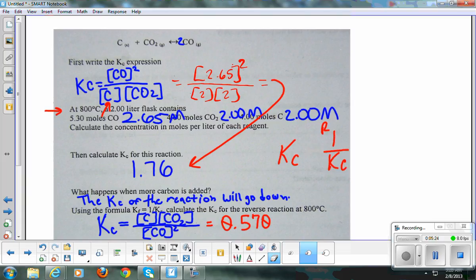It's not equal. So whatever you do, if you're going forward and you got a Kc, then to go reverse, you flip it that way. Okay? So you've got to remember that. A little bit different for this. Okay, let's go on to the next page and see what we can do.